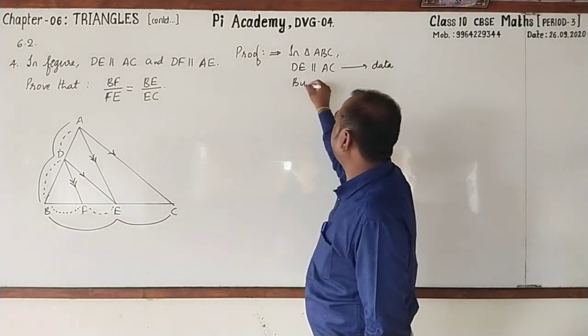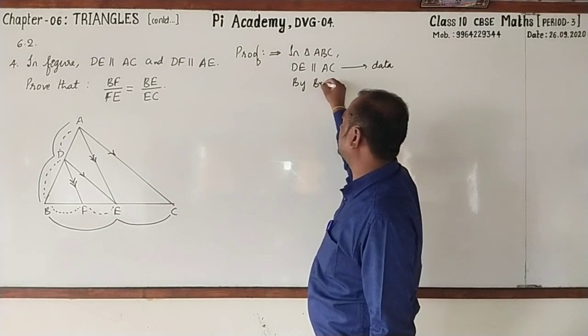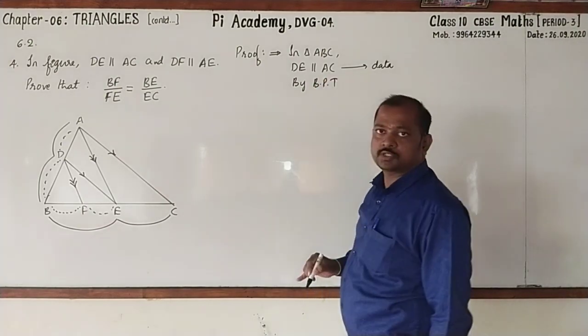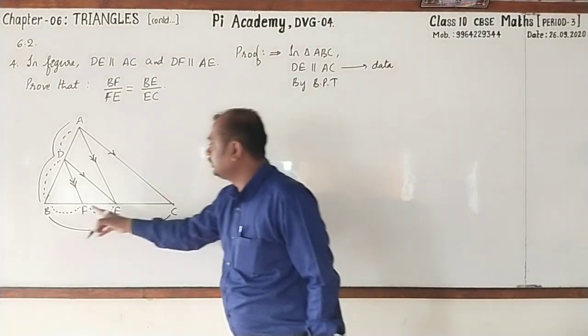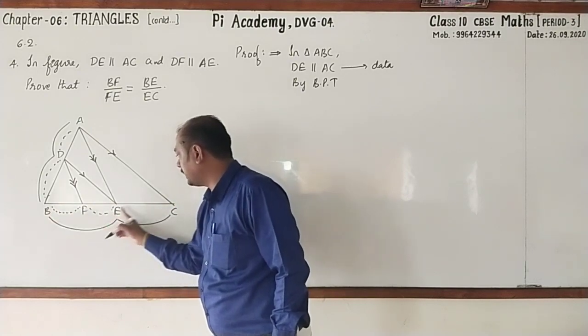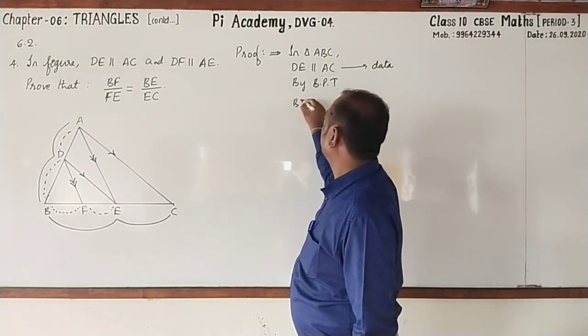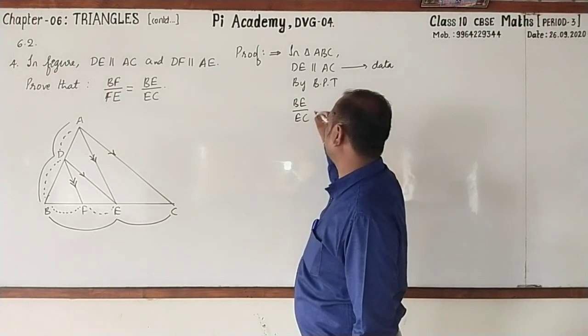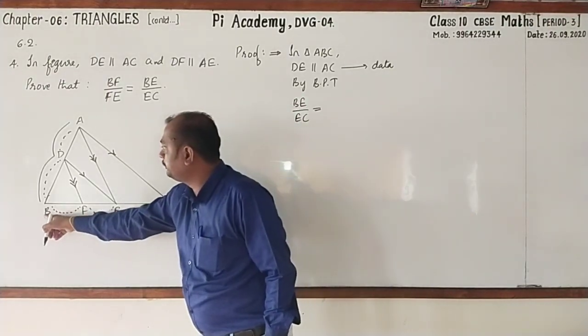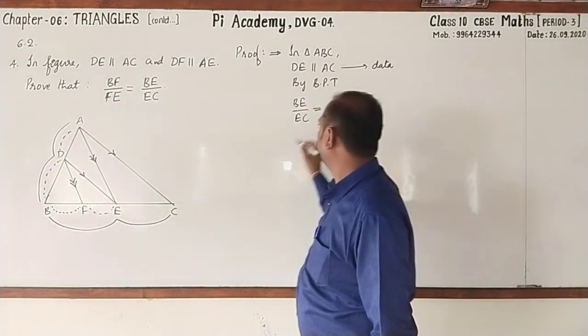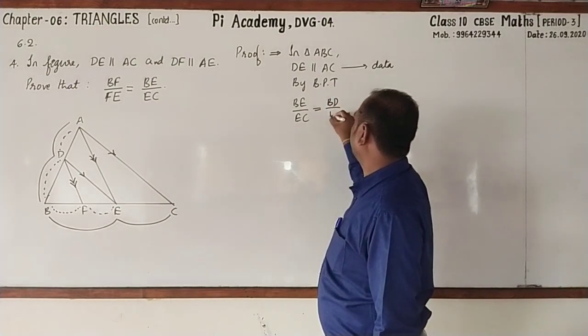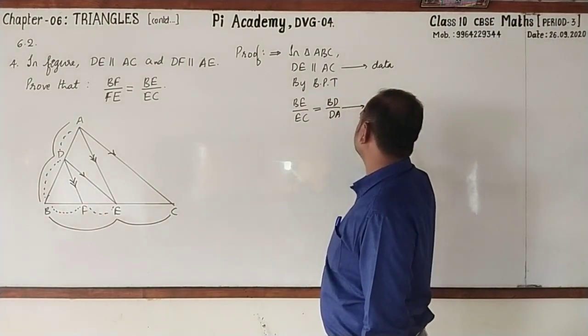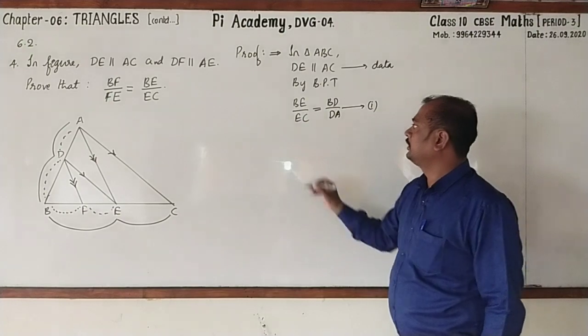Then if DE is parallel to AC, we can use the basic proportionality theorem. According to this, we can write BE by EC, which is equal to what? BD by DA. BD by DA. You may call this statement 1.